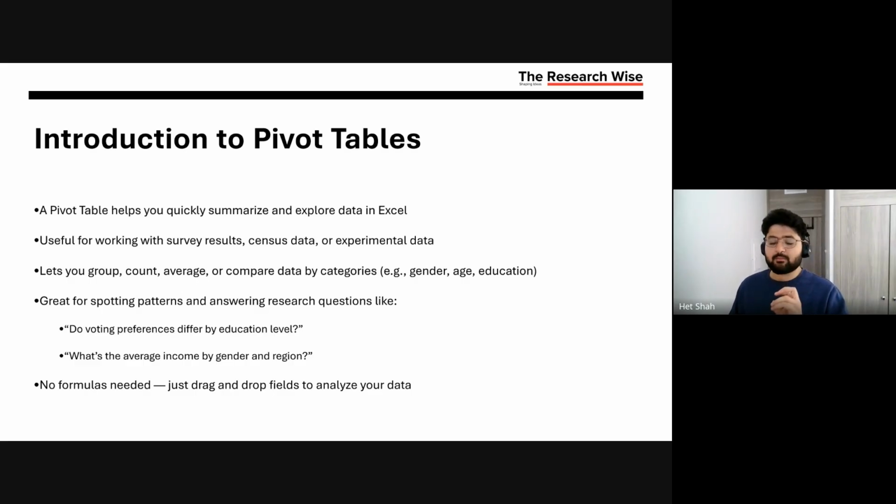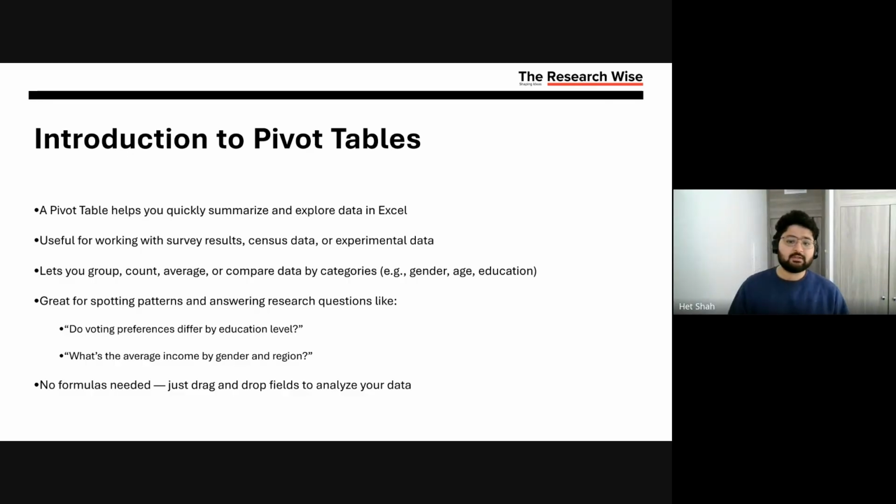Priyanka, that's perfect because I'm not joking, that is the best use of pivot tables. So we're going to introduce pivot tables. Pivot tables are not going to replace your standard statistical tests. They're not going to replace your ANOVAs.